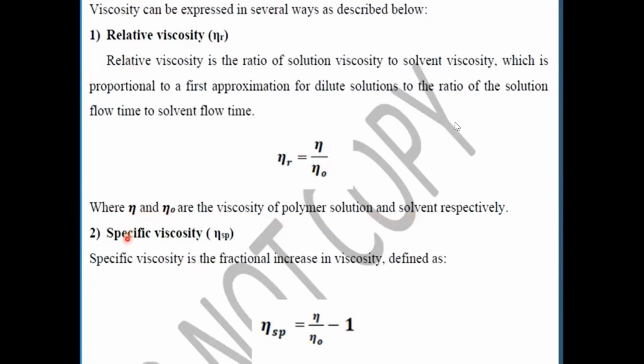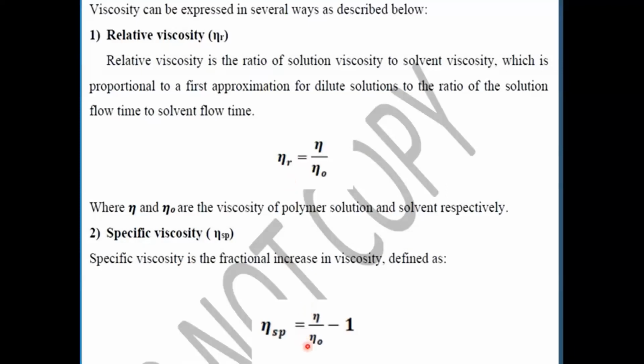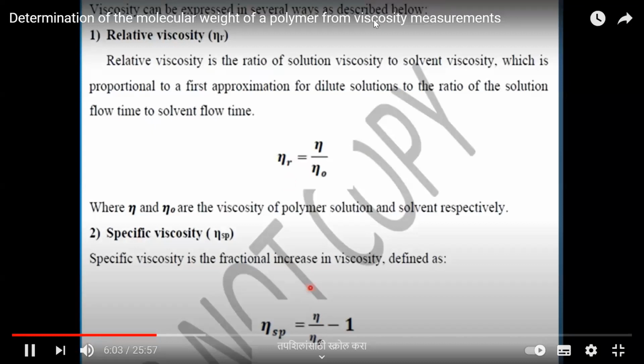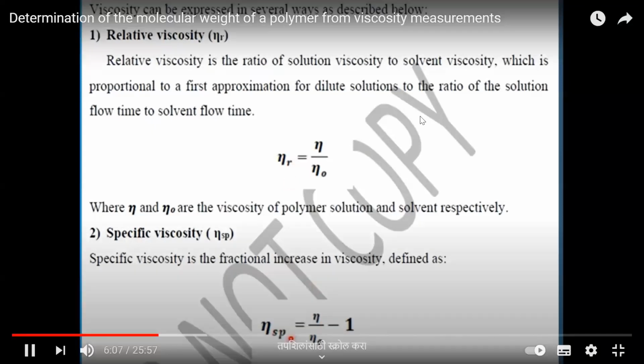Number two, specific viscosity, η_sp, equals viscosity of solution to viscosity of solvent minus 1, or specific viscosity equals relative viscosity minus 1, because viscosity of solution to viscosity of solvent is the relative viscosity. So specific viscosity equals relative viscosity minus 1.